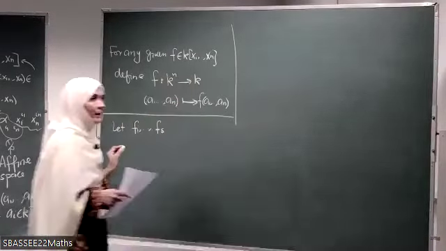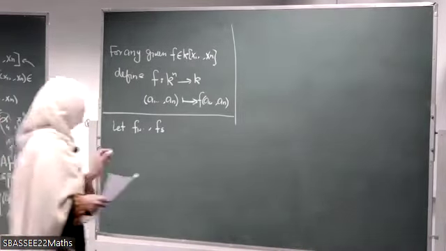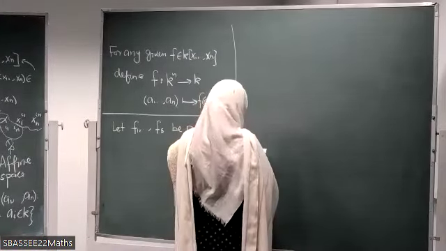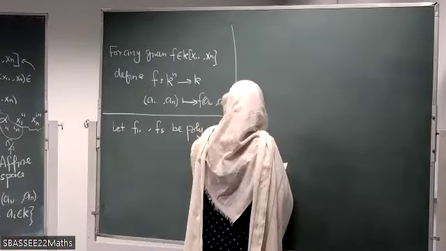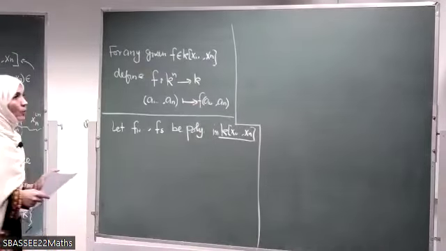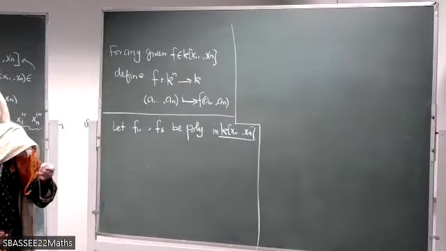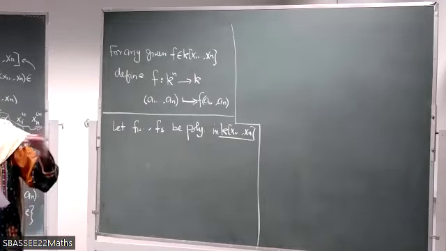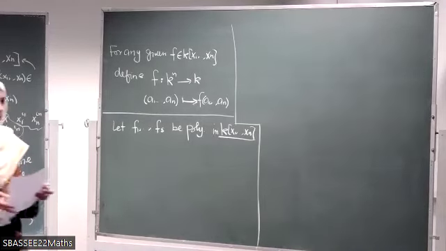I'm here taking finitely many polynomials at this moment. So remember, every time our affine space and our polynomial ring is always fixed. So whenever I'm taking a polynomial, it is clear that I'm taking a polynomial in n variables, x1 up to xn, and the affine space, which is just K^n.